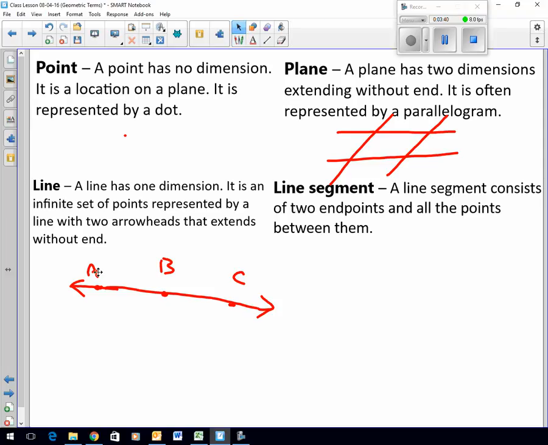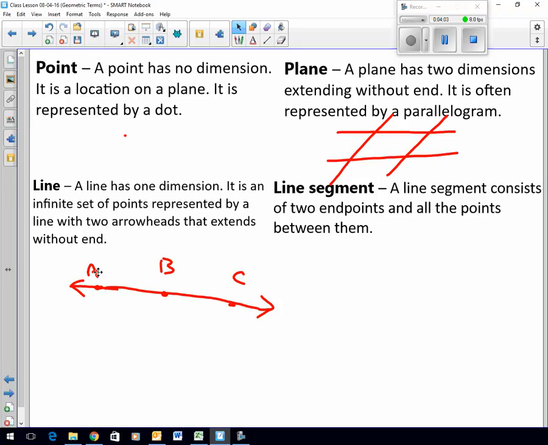Okay? If I connect those points, A, B, and C, put arrows on the outside of them, that indicates a line. That's all we got to know right now. That's a line. And I could have an infinite number of points between A and C, and an infinite number of points beyond A and C.